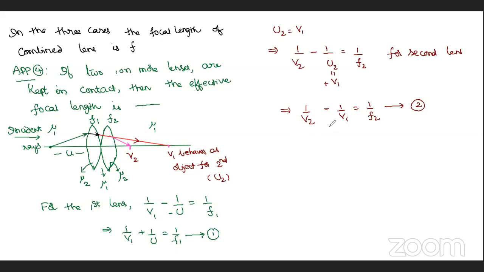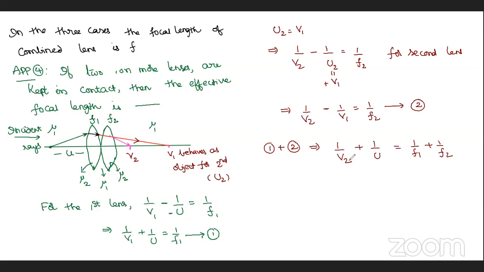I think 1 by v1 gets cancelled. Am I right? Yes, sir. That implies I am getting 1 by v2 plus 1 by u equals 1 by f1 plus 1 by f2. Look, u is the object for the combined part and v2 is the image for the combined part. Am I right? Yes, sir.